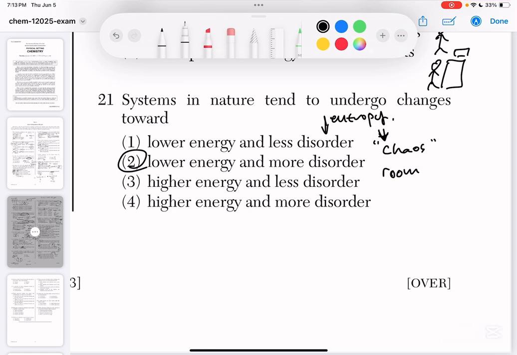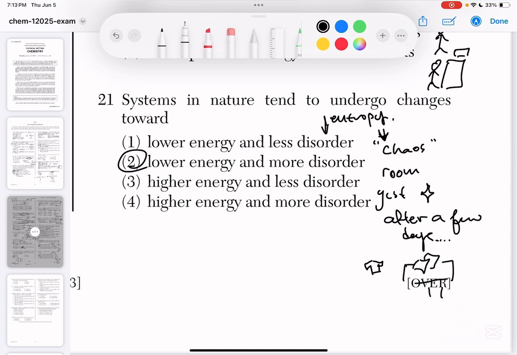Whenever you clean your room, it's sparkly clean. And then after a few days, there's shirts on the floor, there's papers all over my desk, and it's just very chaotic.